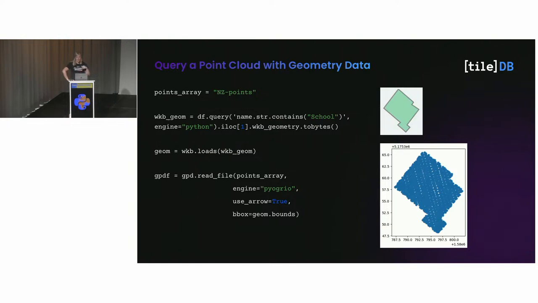So I load the geometry of the single building from the array, and the next thing I have to do is turn this into a geometry, to be able to find the points within that building. And I can use GeoPandas for that one. And as you can see, I have here all the points that are within that building. So two different arrays, point clouds and a geometry, can work together in this case.